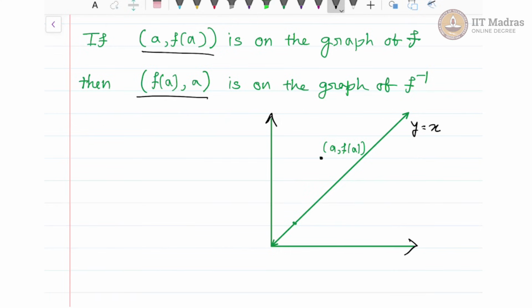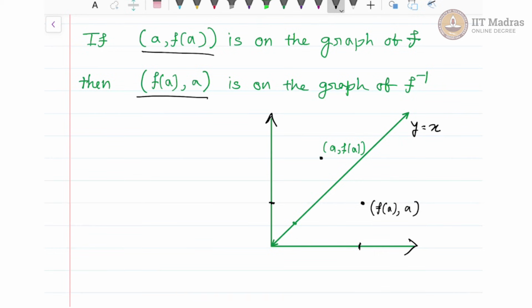So in this case, you just take this distance on the y axis and choose that distance on the x axis here, okay, and take the distance on the x axis for this point and put that distance over here. That means it will be somewhere here, and this point is actually (f of a, a).